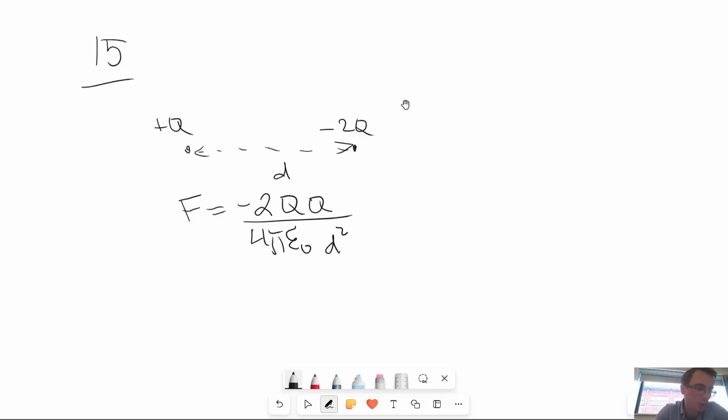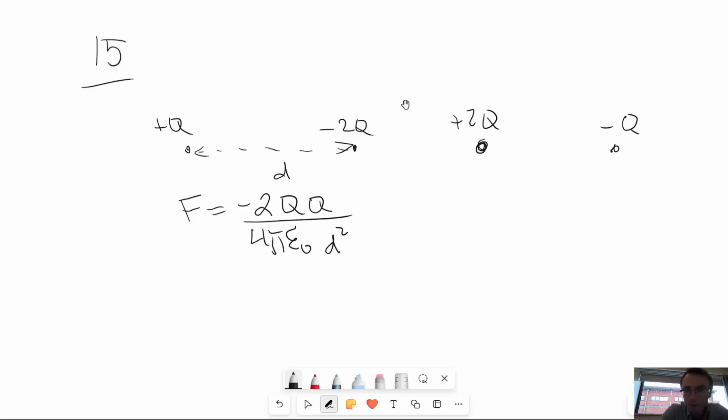So what are the changes made to the system? Each particle is given an additional charge of plus Q. This means the left charge will now be 2Q-ish, and the other one will just be minus Q, because minus 2Q plus Q is just minus Q.